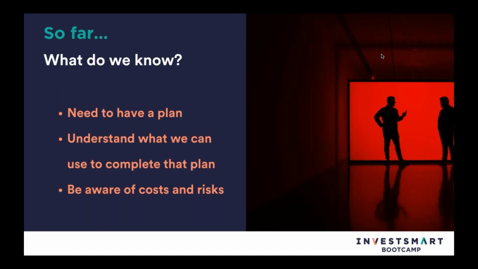So basically, if I had to sum up, what do we know so far? Well, we know we need to have a plan. So we need to know where we're going and how we're going to get there. What we can use to actually achieve that plan. In that case, what kind of investments might we look at? But we also need to be aware of the costs involved and the risks, because the costs will always drag you down.